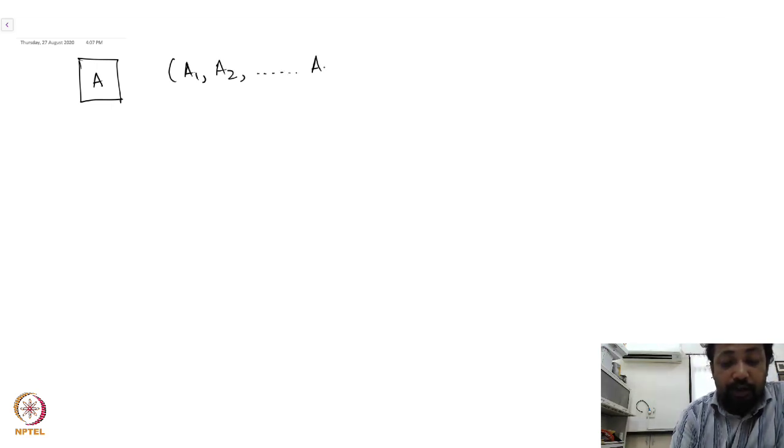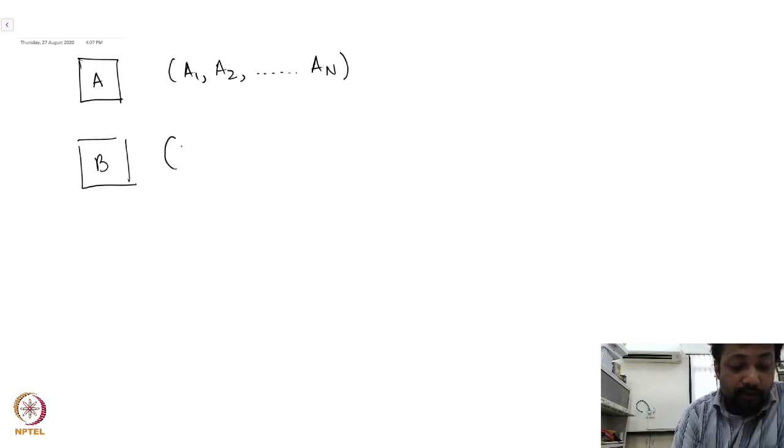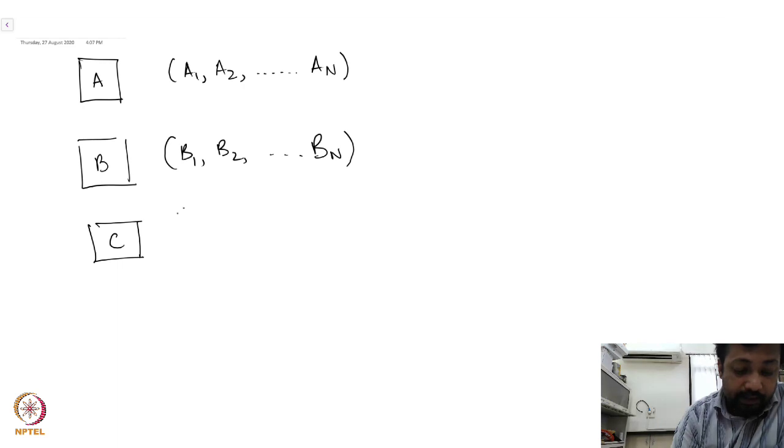Now, clearly, let's say the system A that I have is characterized by a set of macroscopic variables which are A1, A2 all the way up to, let's say, An. Similarly, system B is also characterized by B1, B2, and so on. I can have different n, but let's keep it the same. And then system C is characterized by C1, C2 all the way to Cn.